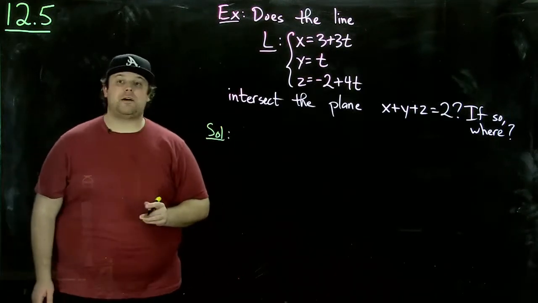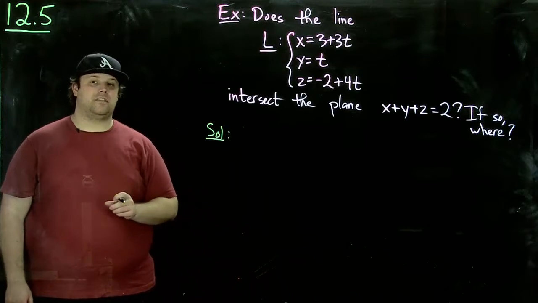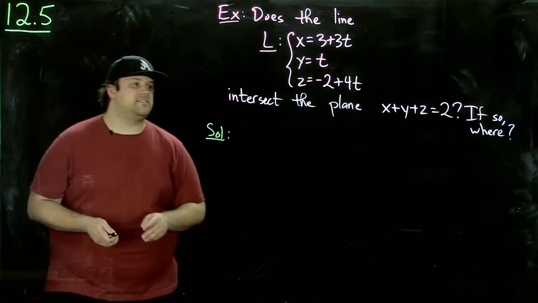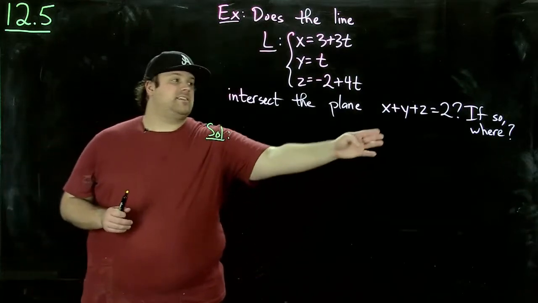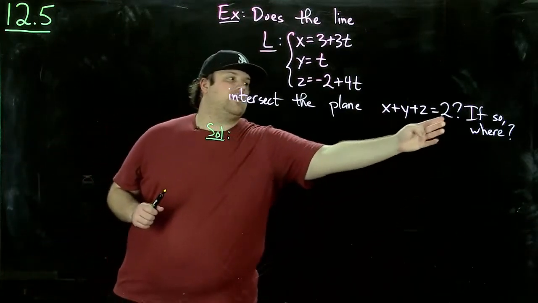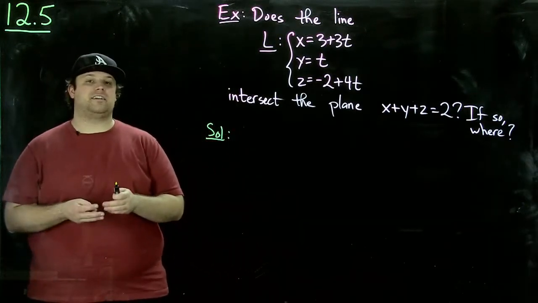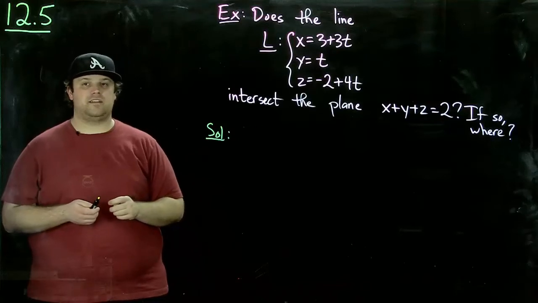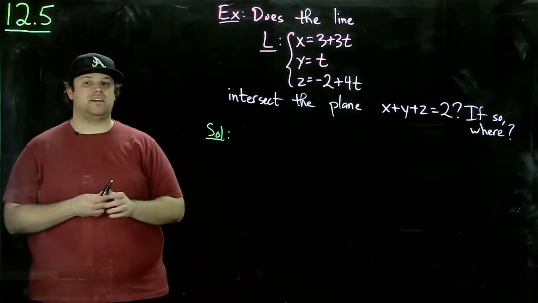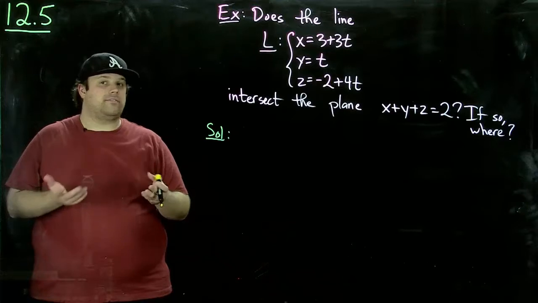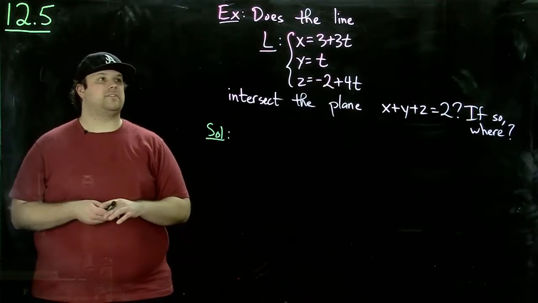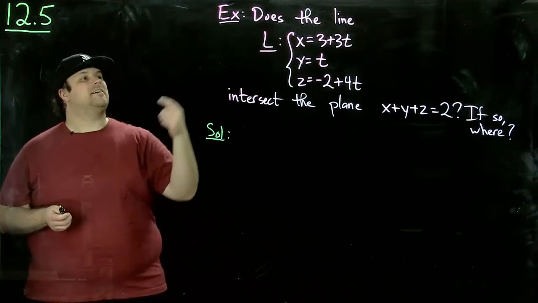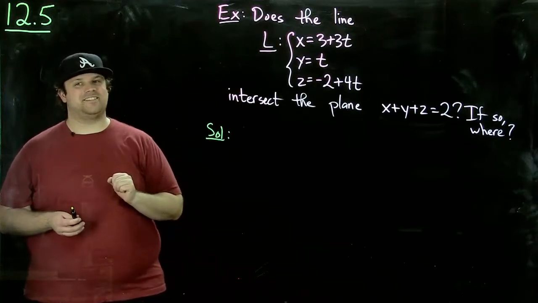This problem is actually much, much easier than determining whether two lines intersect, because for a plane, we have a nice description as an equation involving x, y, and z. And if we have symmetric equations, parametric equations, or even the vector equation of a line, it's really easy to get the parametric equations.